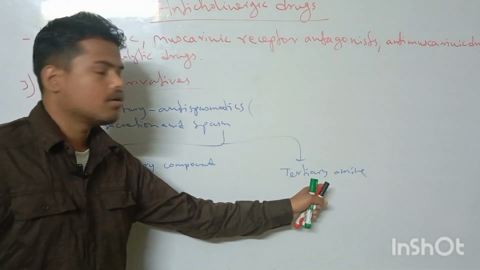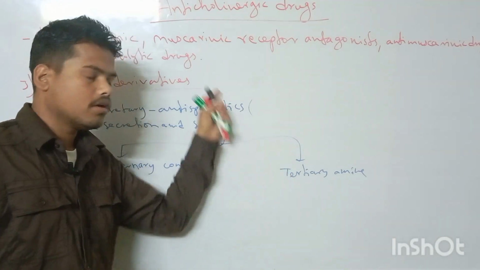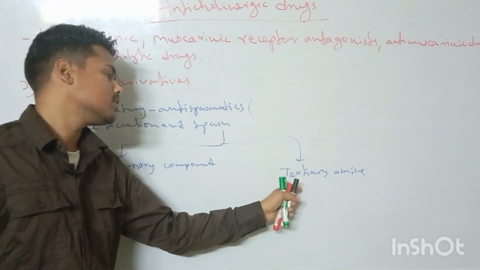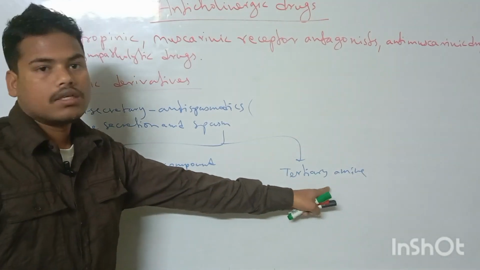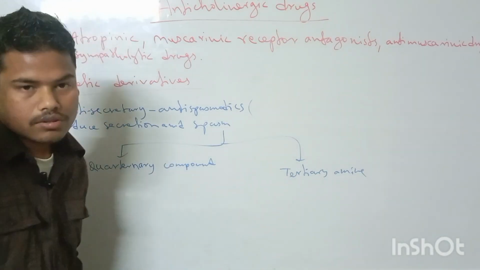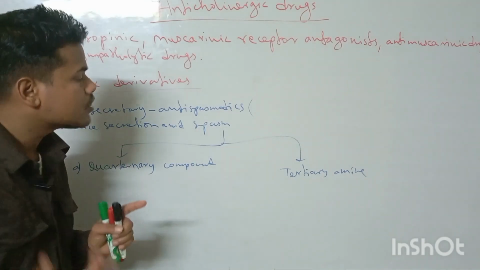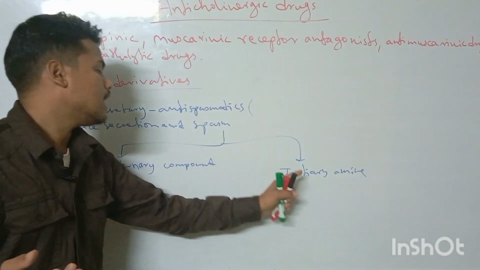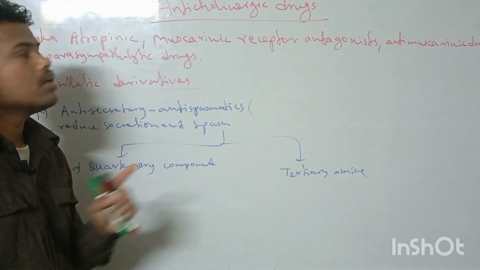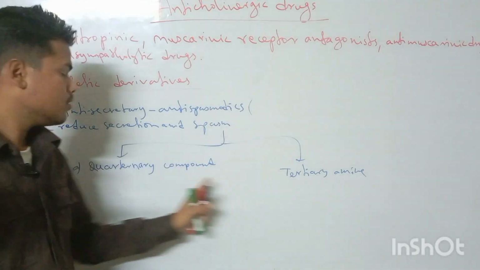Because this category, as I already mentioned, has significance. The tertiary amine is a compound that can cross the blood-brain barrier and reverse the central action of the cholinergic drug, or it has central anticholinergic action.